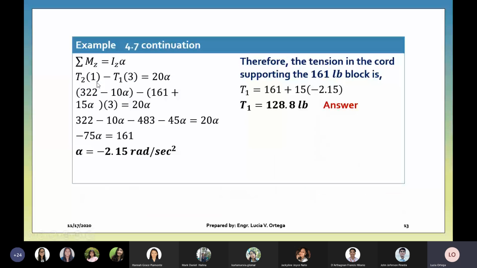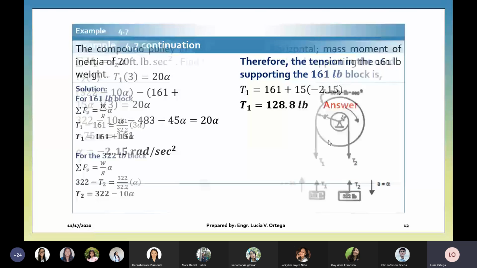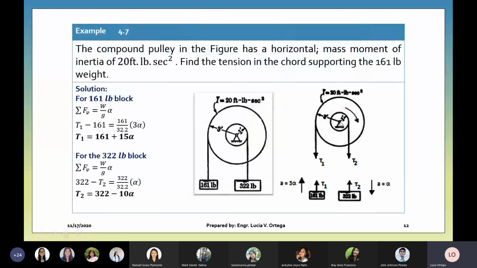So if we take summation of moment at the axis of rotation, the equation is I alpha. So we take summation of moment at the center. This is the axis of rotation. T sub 2 times 1, this is T sub 1 times 3. This is the point where we take summation of moment.